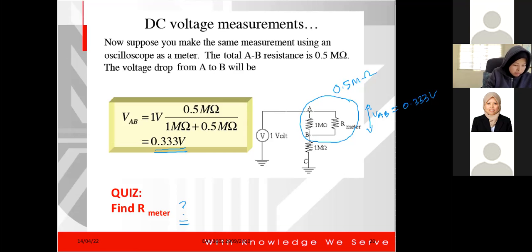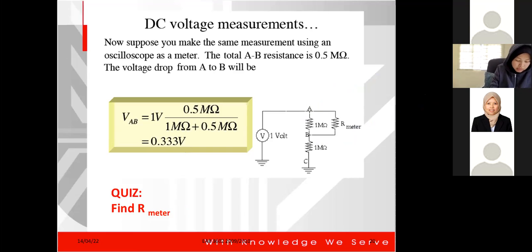Tak dapat lagi. Okay. Let's see macam mana kita sebenarnya nak calculate this R meter. Basically kita just tengok balik the equation lah kan.